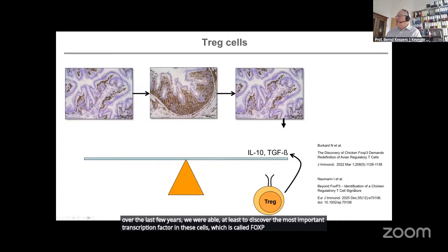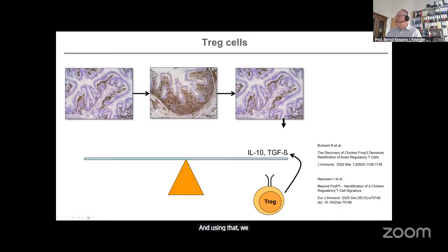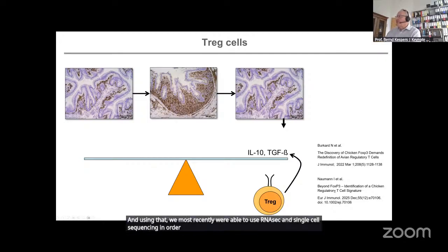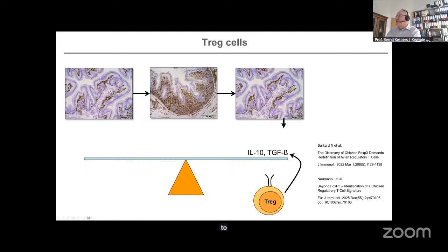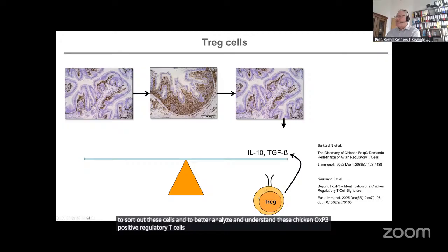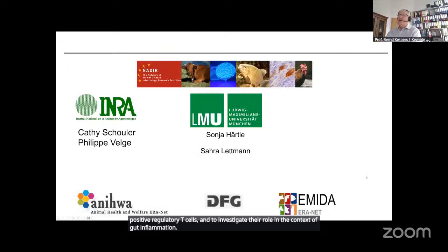And using that, we most recently were able to use RNA-seq and single-cell sequencing in order to identify the gene signature of these cells, and this hopefully will help us in future to sort out these cells and to better analyze and understand these chicken FOXP3 positive regulatory T cells and to investigate their role in the context of gut inflammation. And with this, I come to an end.